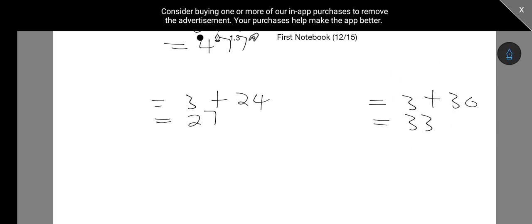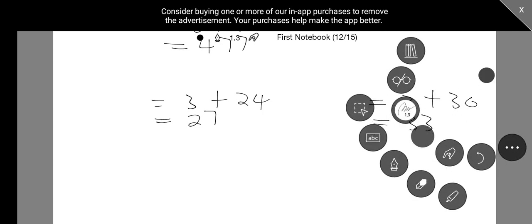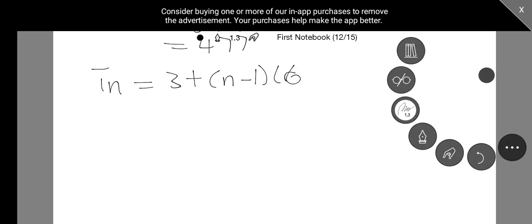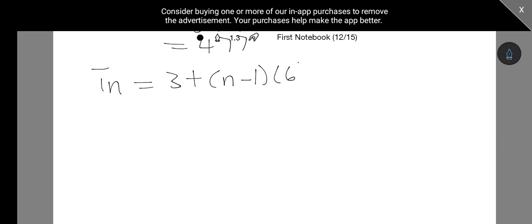Let's erase here for space. Okay, so our expression is Tn is equal to 3 plus n minus 1 times d, that's 6, that's d, sorry, that's 6.